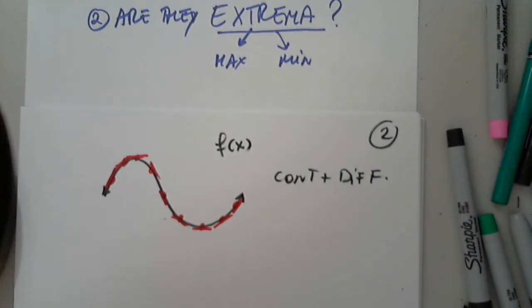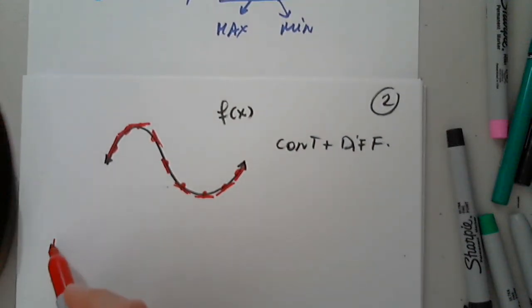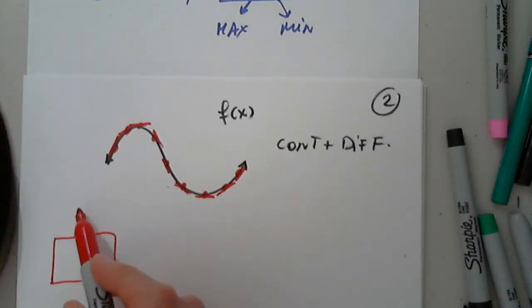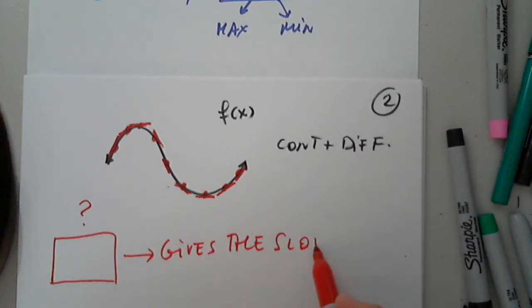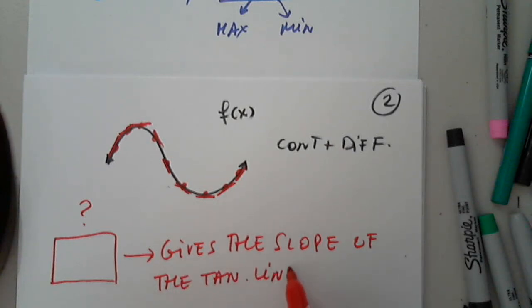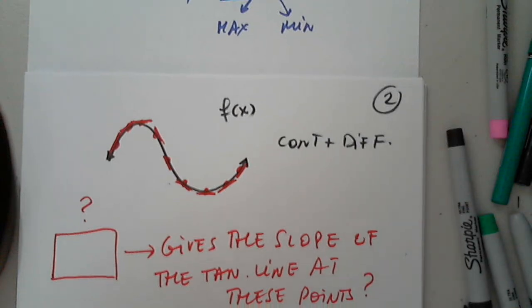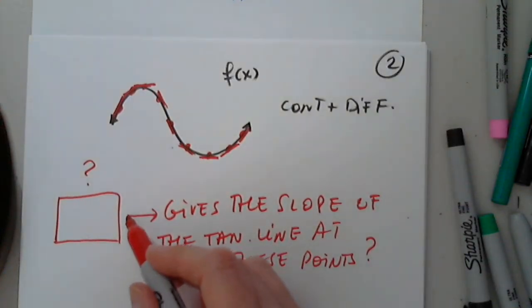And I have a question now. What gives the slope of the tangent line at these points? Same thing.